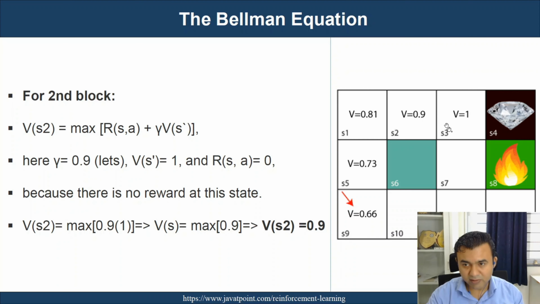If S2 is the current one, then the previous state was S3. Even if I take the action R as A, the reward is 0, because if I go in any direction, there is no diamond. The diamond comes only at the end, which means the reward is maximum 1 there.